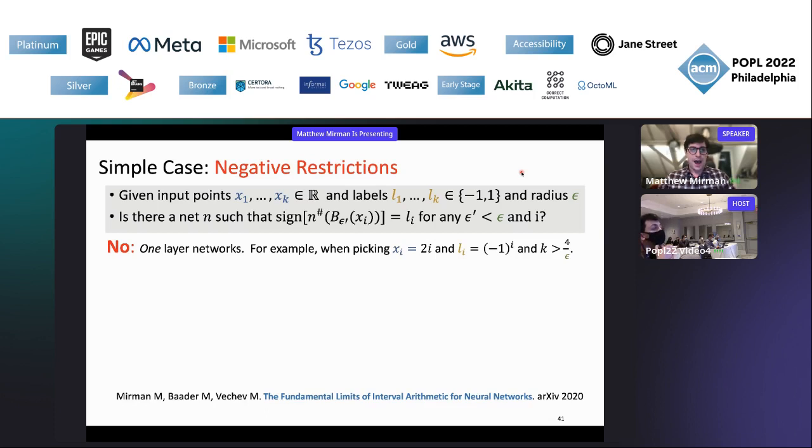Of course, in practice, neural networks are not one layer, and the gap that we have seen in training still applies when using deeper neural networks.